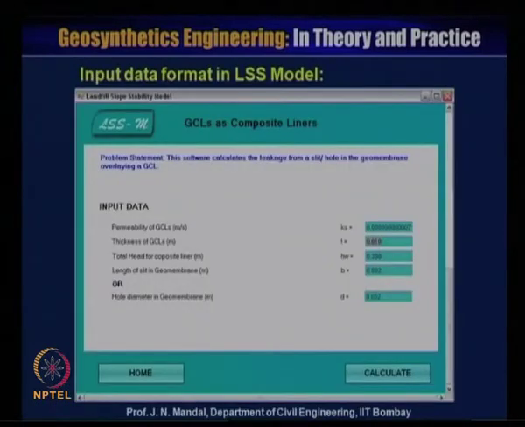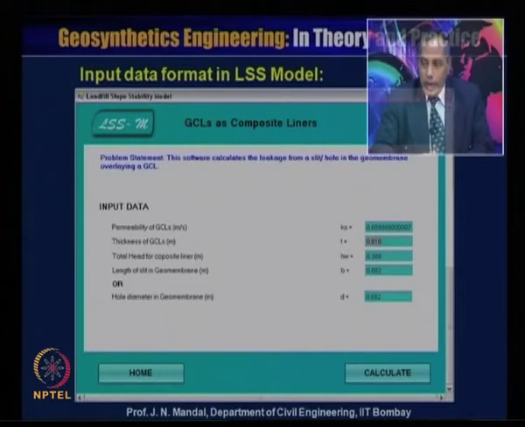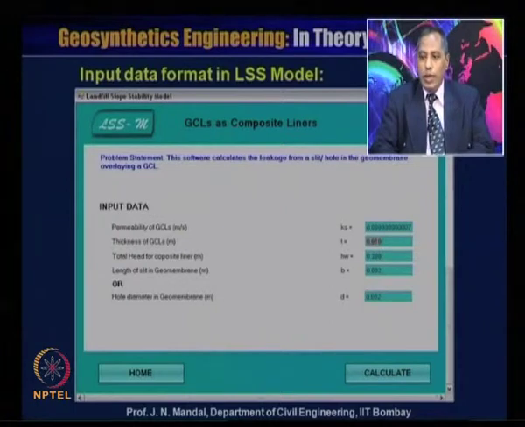Now we put this input data into our LSS model, and this software calculates the leachate leakage from any slit or hole in the geomembrane overlain by the geosynthetic clay liner.